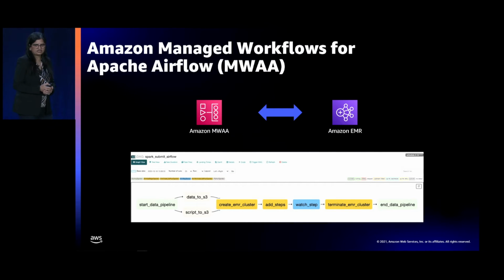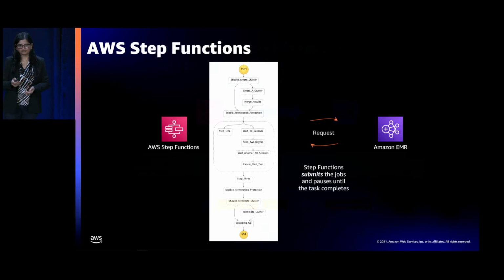When we released Amazon Managed Workflows for Apache Airflow, we have seen customers adopt the managed version of Apache Airflow as well and submit jobs to their EMR clusters using Amazon MWAA.